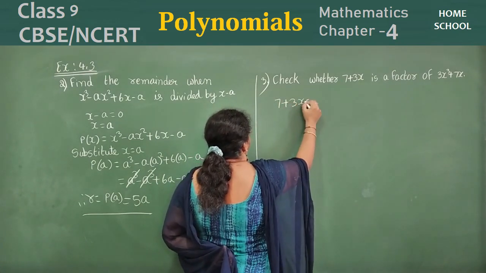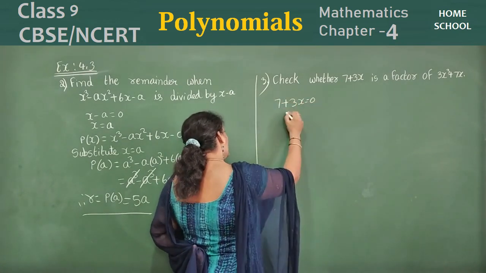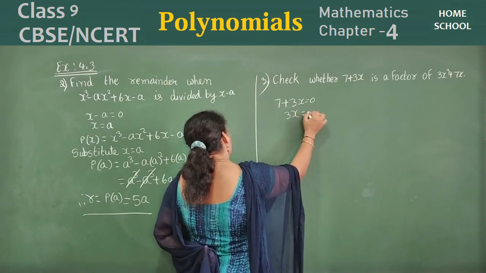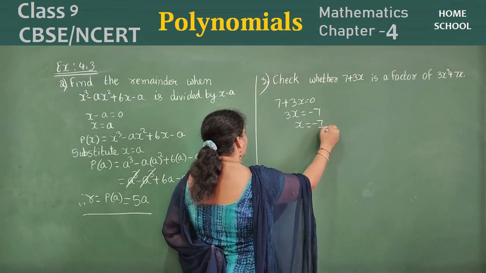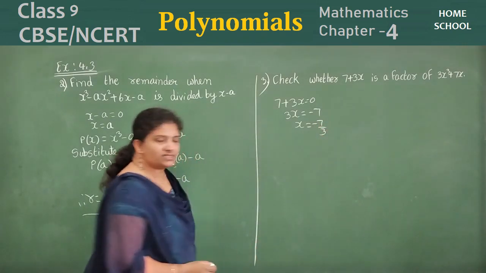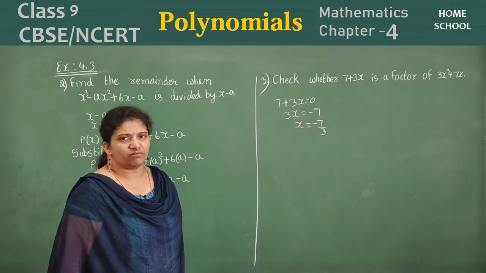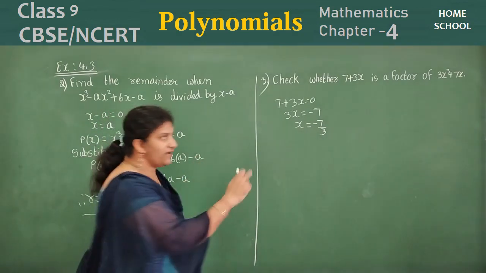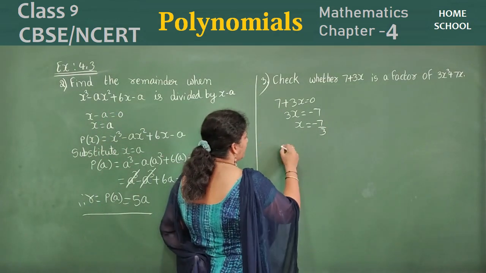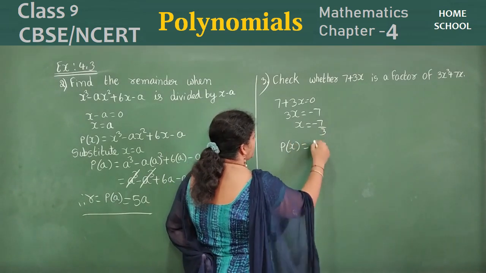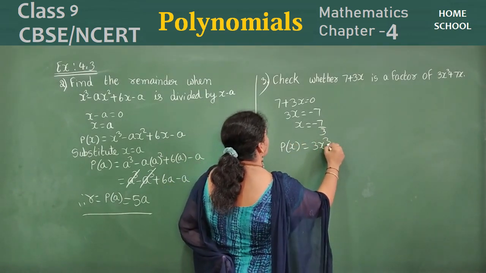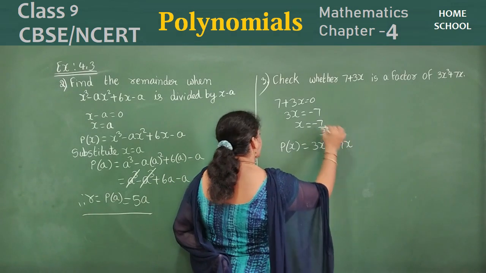So, first, let me find the 0 of a polynomial. Equate this with 0. Plus 7 if it goes to the other side, minus 7, and 3 multiplied if it comes this side, divide. That is x is equal to minus 7 by 3 we got. So this value, substitute in the given polynomial. Let me consider it as p of x is equal to 3x cube plus 7x.